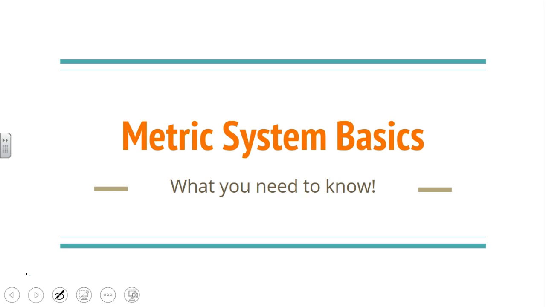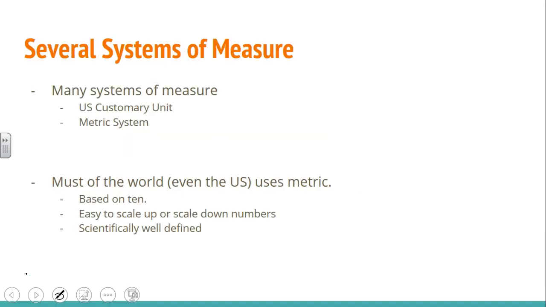So let's get started. Just so you know, there are several systems of measure that are used in the world. Even currently, the United States sometimes uses the U.S. customary system of units, and a more common system of units is the metric system. That's what this video is about.